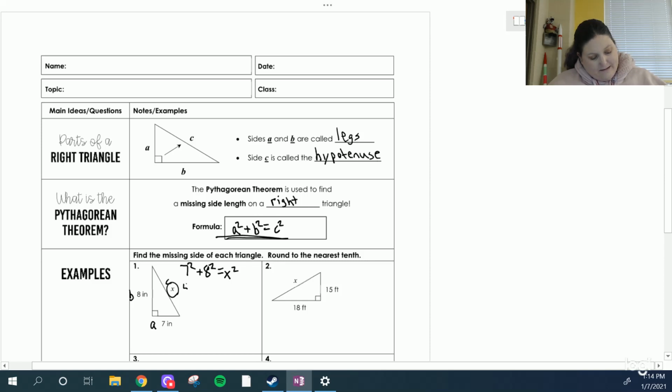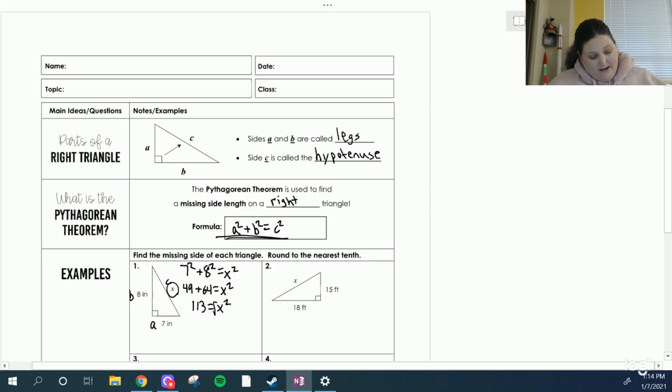So 7 to the second power is 49, 8 to the second power is 64, is equal to x to the second power. 49 plus 64 is 113, is equal to x squared.